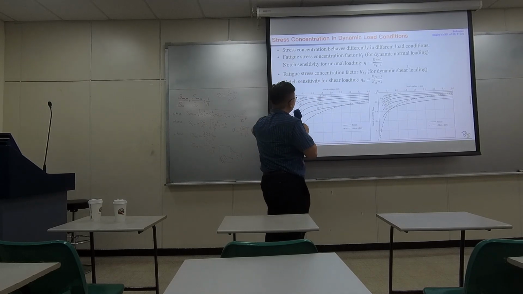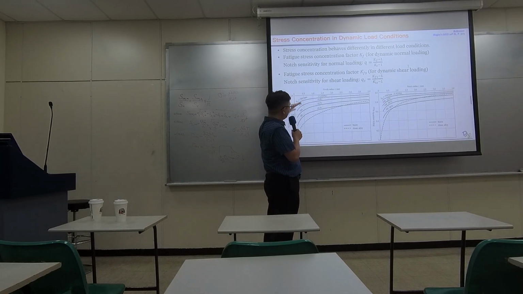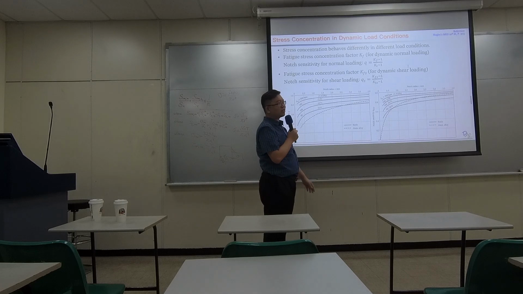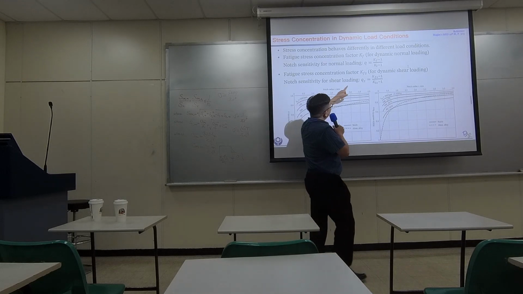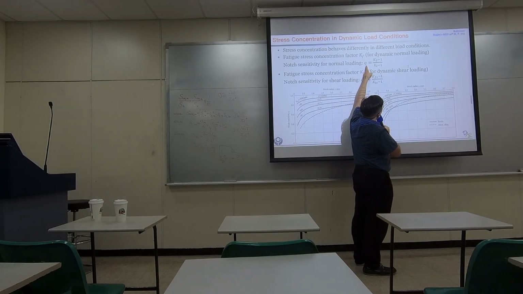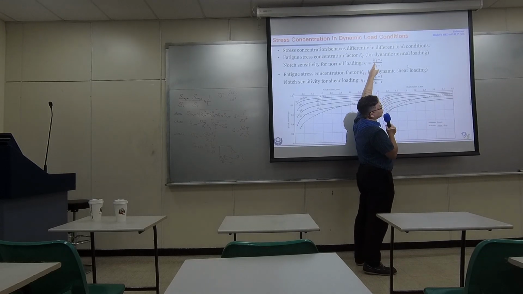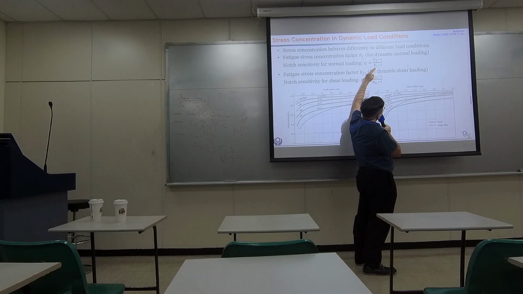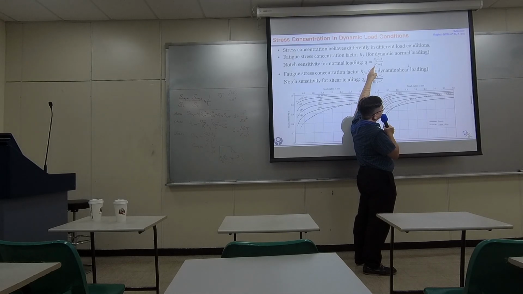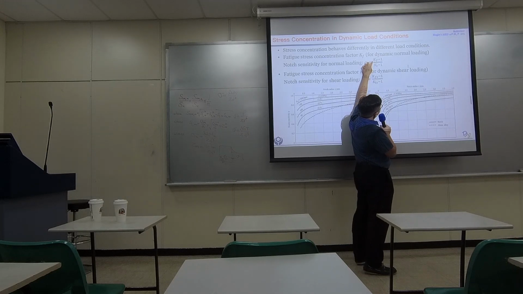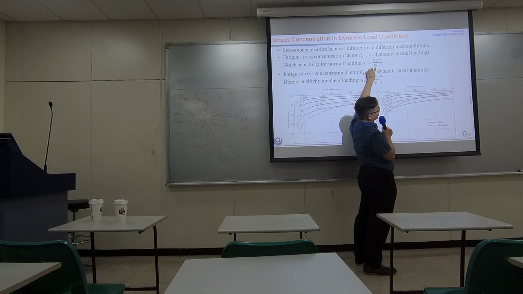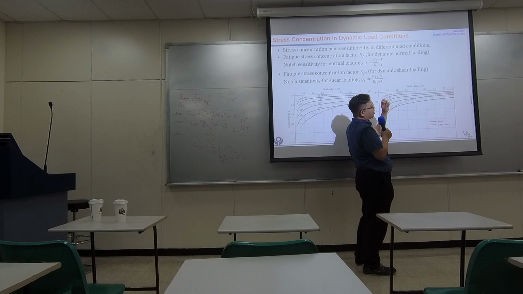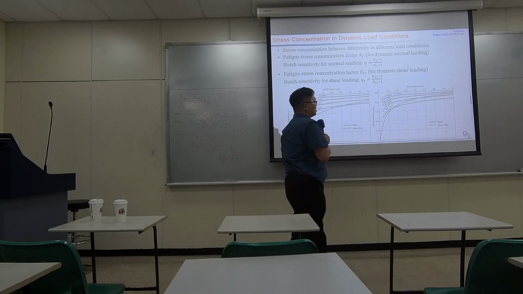Do we want Q to be 1 or smaller? Smaller is better. Because if you have lower Q, that means your stress concentration factor for dynamic load would be lower than the static one. So it concentrates less. Okay?